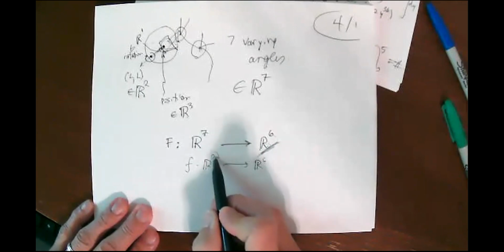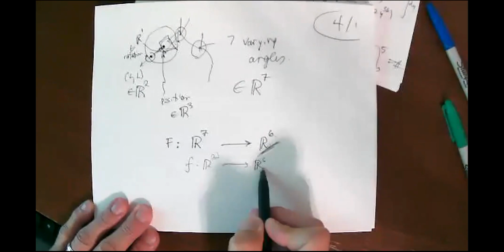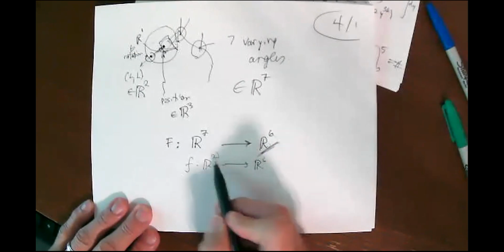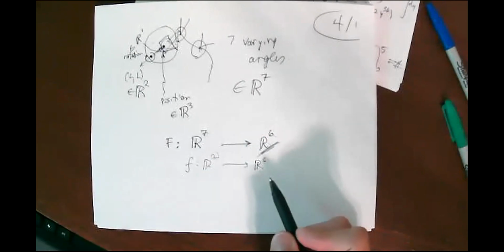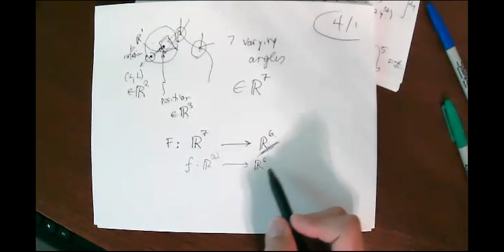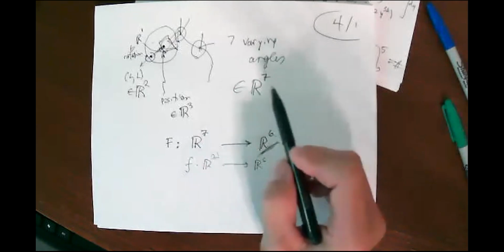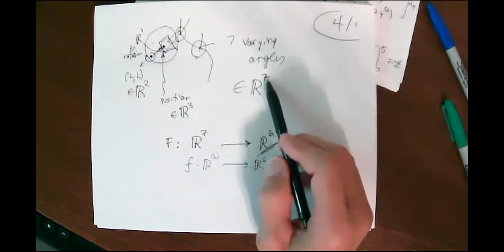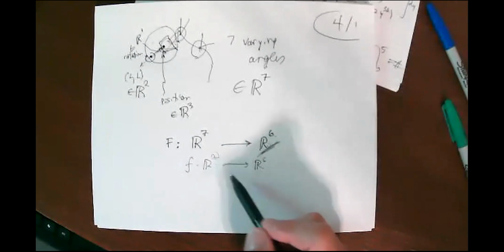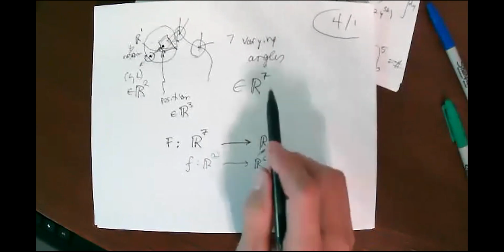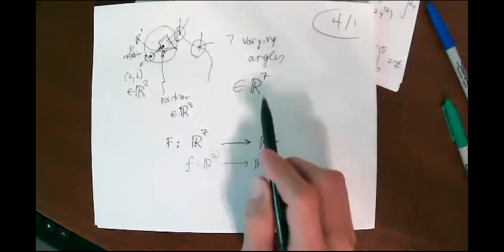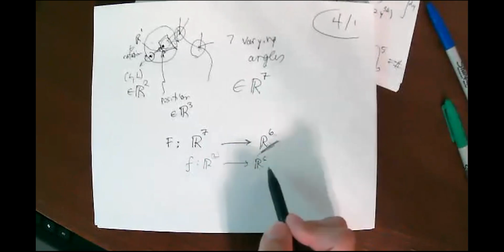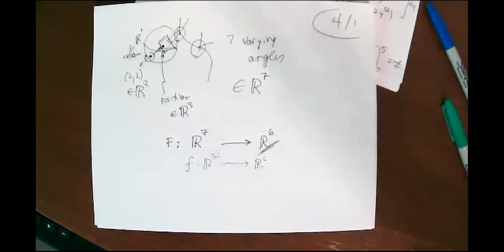If you have 2 degrees of freedom, you'll parameterize a surface. 3 degrees of freedom parameterizes a 3-dimensional subset of the 6-dimensional space. That's not everything yet. You're still pretty limited. But once you have at least 6 things that you could vary independently, engineers call that 6 degrees of freedom. Mathematically, we're just saying that you have at least a 6-dimensional range of options, and that's what you would need if you wanted to cover 6-dimensional space.